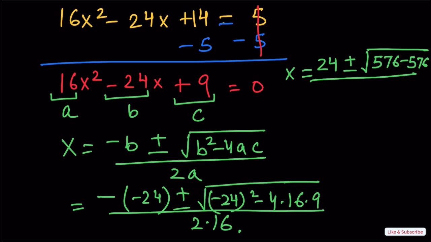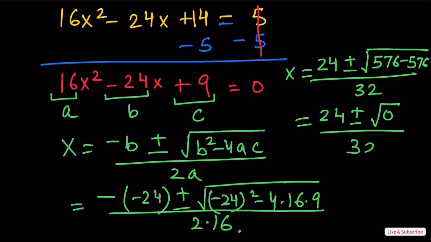In the denominator, I got 2 times 16, that's 32. So 24 plus minus. Now what is 576 minus 576? That's 0. Now what's the root of 0? The root of 0 is 0 as always. So I can write this as x equals 24 plus minus 0 over 32.